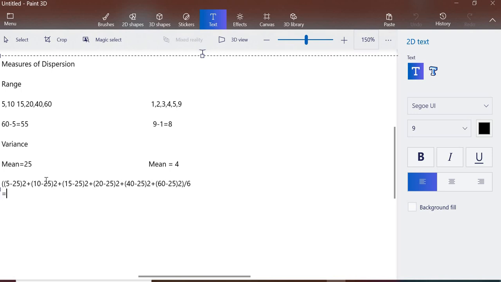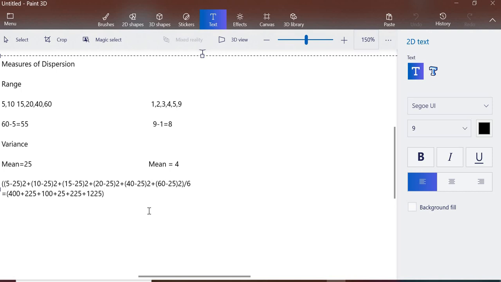So which comes out to be 5 minus 25 is minus 20, the square of minus 20 is 400, plus 10 minus 25 is minus 15, the square of 15 is 225, plus 15 minus 25 is minus 10, the square of 10 is 100, plus 20 minus 25 is minus 5, the square of minus 5 is 25, plus 40 minus 25 is 15, again the square of 15 is 225, plus 60 minus 25 is 35, the square of 35 is 1225.